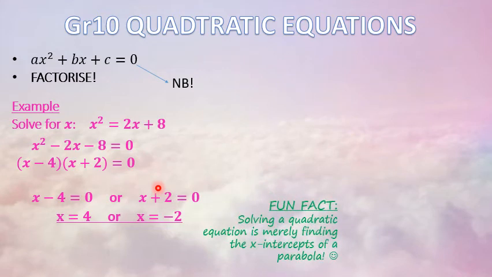A fun fact is that when you solve a quadratic equation, you are actually finding the x-intercepts of a parabola. Can you remember our parabola is y equals ax squared plus q? It's the same format as this.